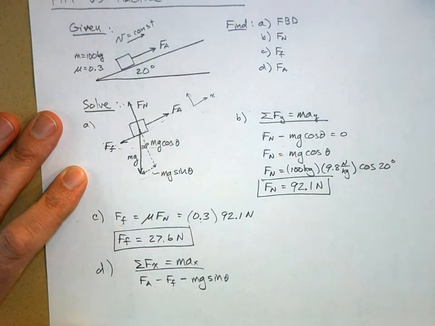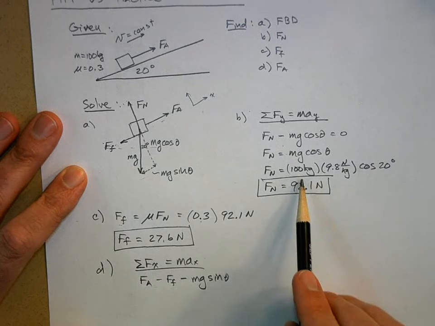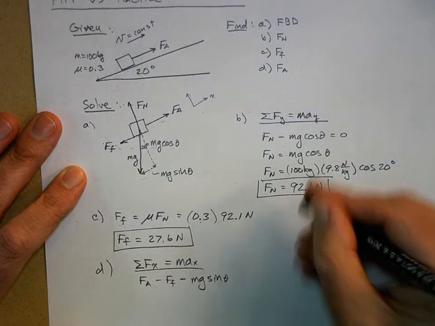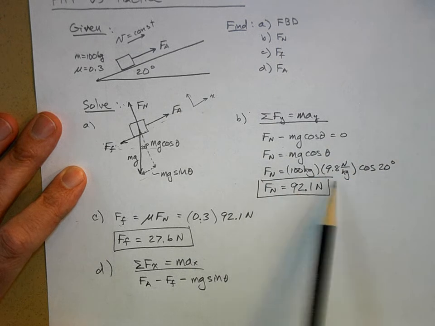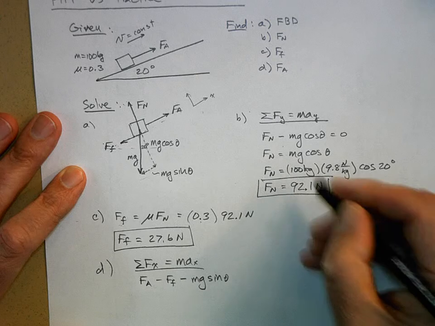Question? On part B, I multiplied the normal force by 100 kilograms at 921. You multiplied by 10. Oh, did I? Oh, thank you. So this is times 100? Yeah. Okay. 900.